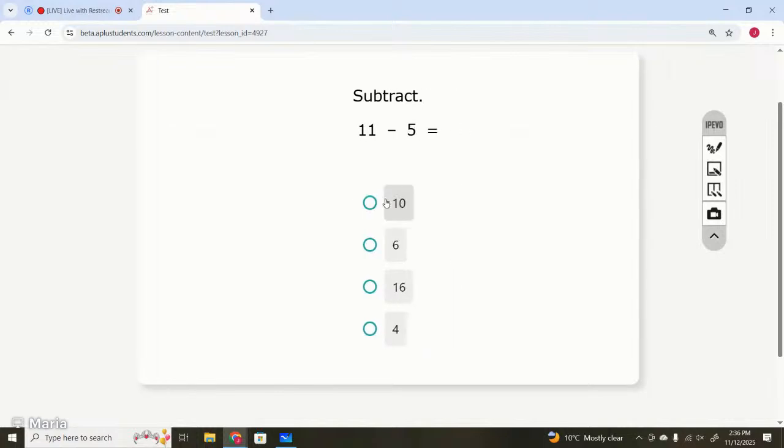Very good. 11 take away 5 is... start with 5 and count up to 11. 6, 7, 8, 9, 10, 11. So 11 take away 5 is 6. The correct option is 6.